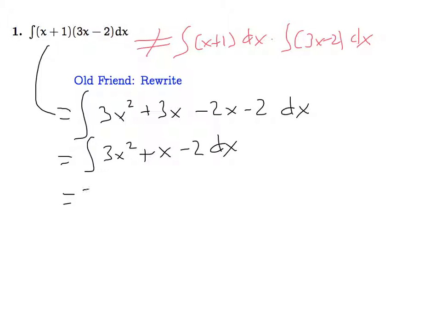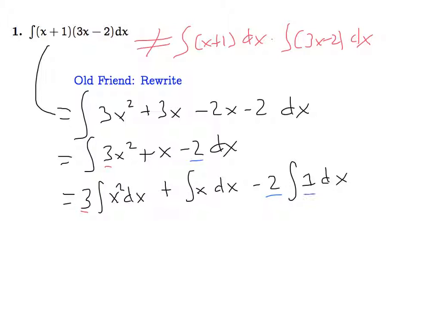So I can break this up into 3 times the integral of x squared dx plus the integral of x dx minus 2 times the integral of 1 dx. So this was a matter of taking my constants out front for each of these, and remembering there's a nice little 1 still in there. And now I can take the integrals of these using my power rules. So this will be 3 times x cubed over 3 plus x squared over 2, using the power rule again, minus 2x.